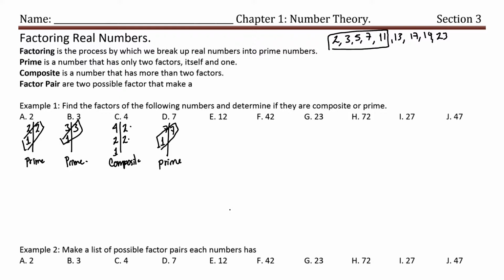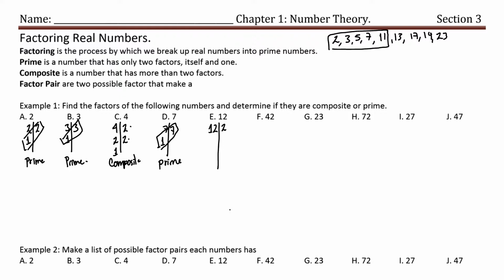12, okay? Now, as numbers start getting bigger, you have to actually follow a specific process. You're going to always divide by the smallest prime number you know, which in this case is 2, okay? And you continue dividing until you can no longer divide by 2. Then you're going to try dividing by the next prime number, and when you're done dividing by that prime number, you continue with the one after that.